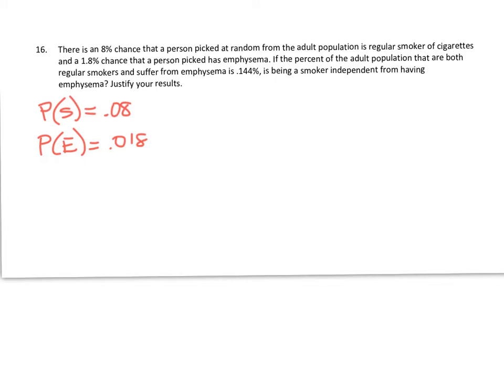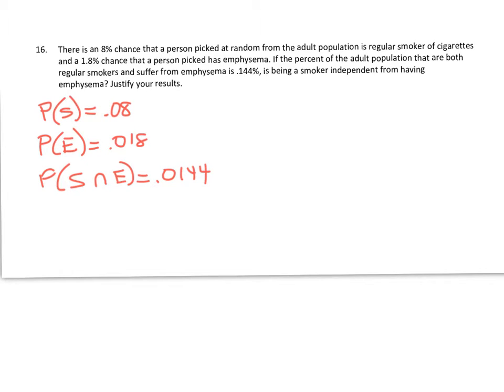So let me write this out. They're saying the probability that the person is a smoker and, remember this is our symbol for and, has emphysema is 0.144%. So if I move the decimal place back twice, that'll be 0.0144. Is being a smoker independent from having emphysema?